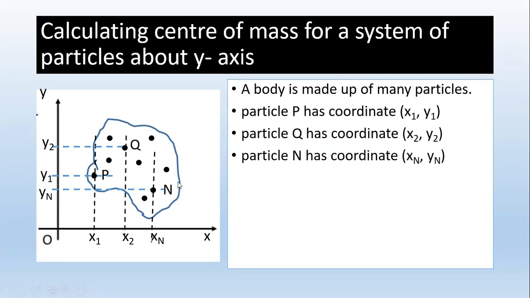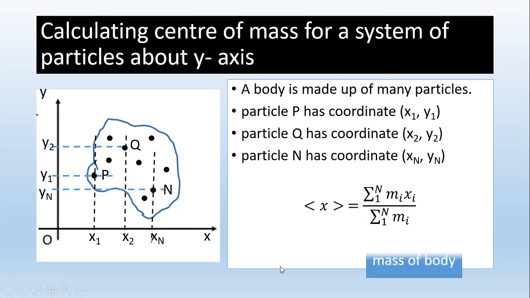Same with the nth particle: a distance xn from the y-axis and a distance yn from the x-axis. Each particle has a mass times its distance, divided by the total mass of the body.